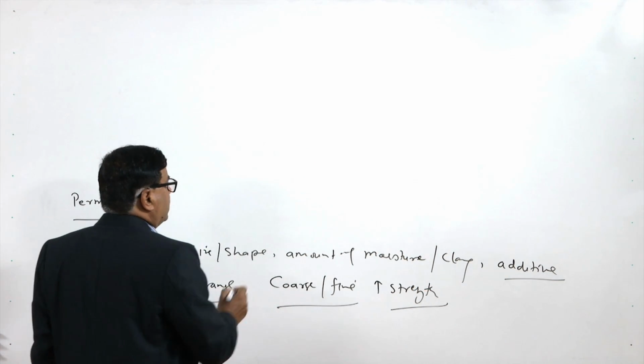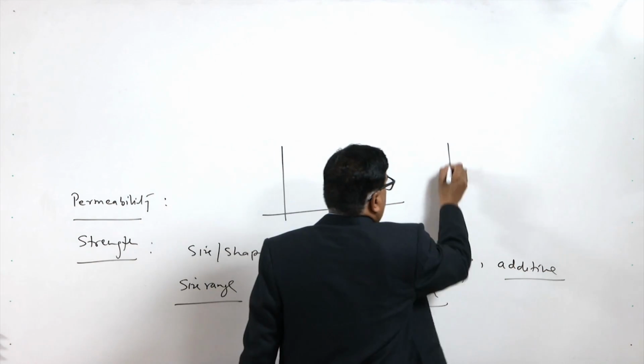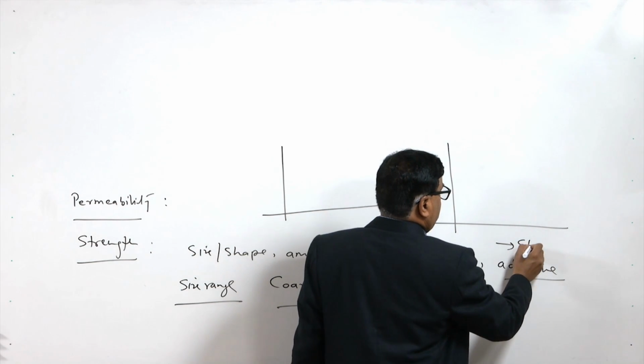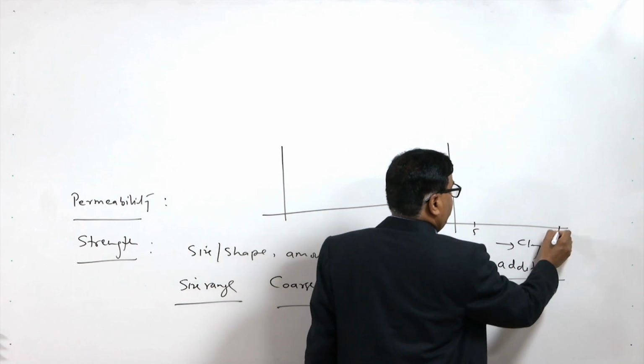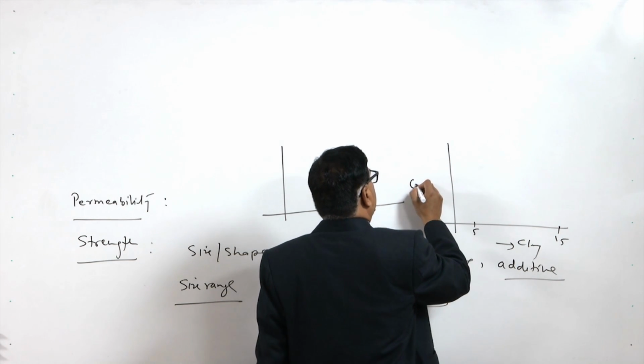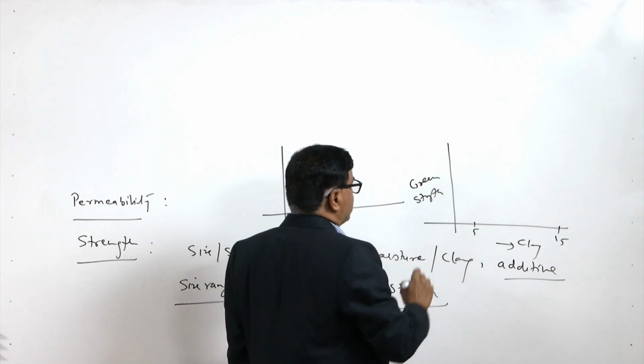On the other hand, the effect of the moisture and the clay on the strength of the mold can be seen from these plots, like say the clay here varying from 5 to 15%. And here we have the green strength, means the strength of the mold when there is a moisture.